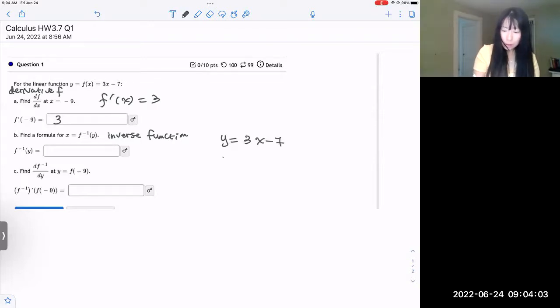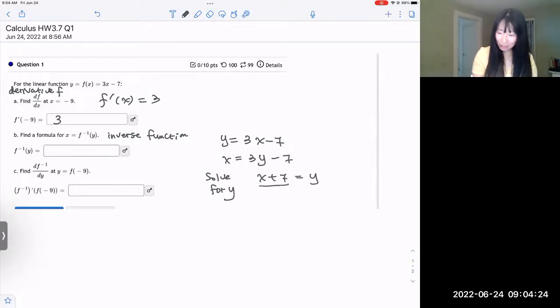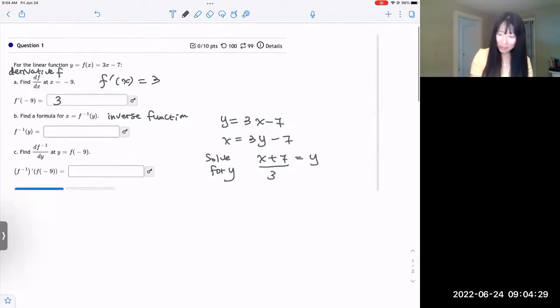Then we change that 3x to y, minus 7, and solve for x. So we get (y plus 7) over 3 equals x, right? Correct? I didn't make a mistake, right?